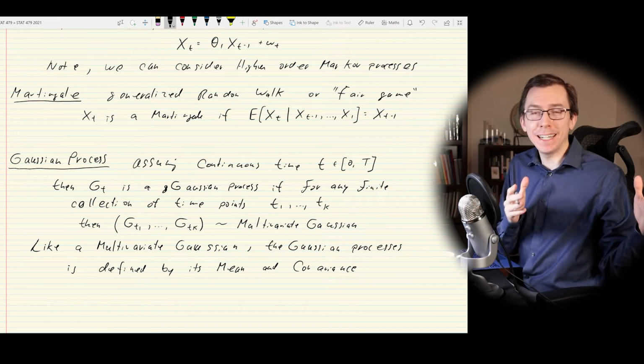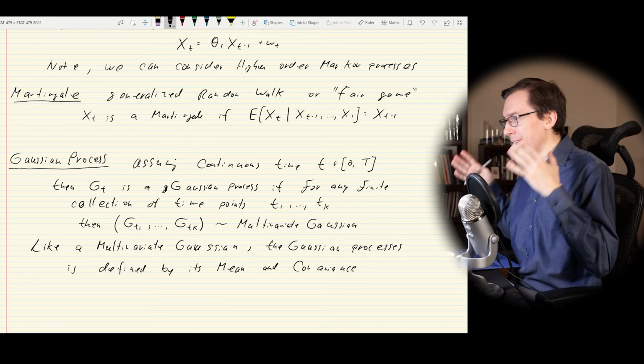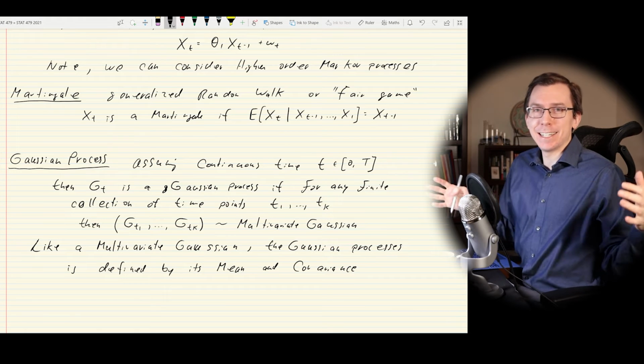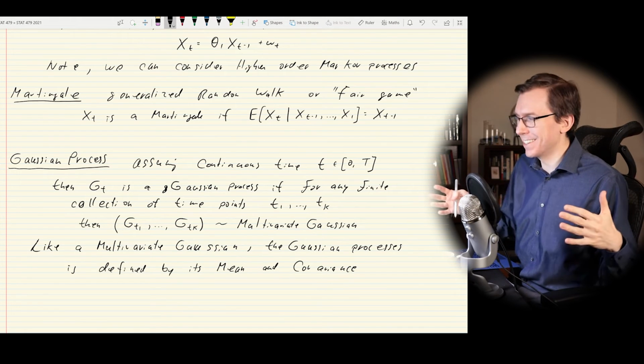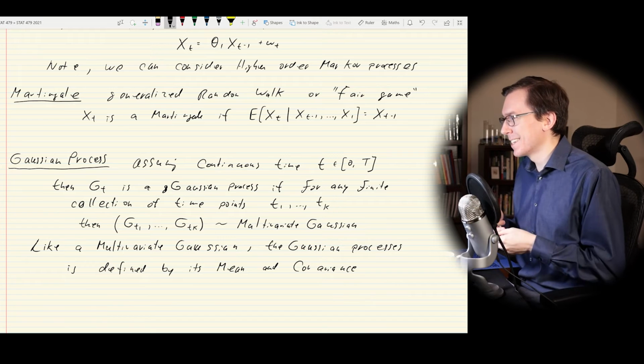So if we know what the mean of the process is and we know what the covariance is and it's Gaussian, in some sense we know everything. There's nothing else to know about that process.